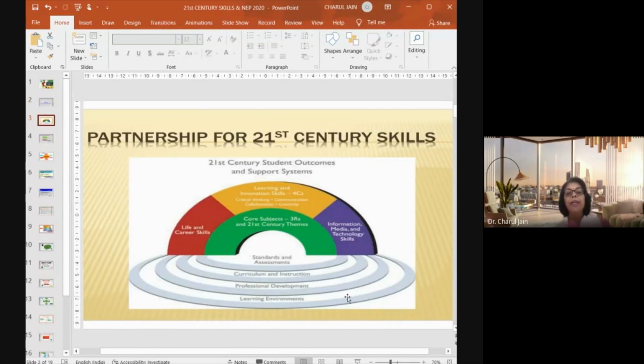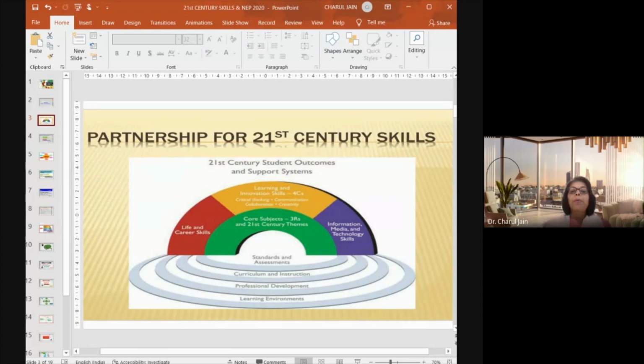So I would like to take you to the response which has been given by several researchers. There was a team of researchers which put up their findings in 2002, and looking at the changing world, they proposed that there would be a change. This group was called Partnership for 21st Century Skills.